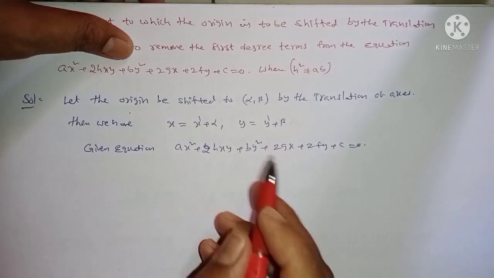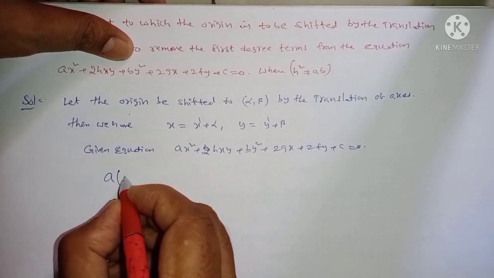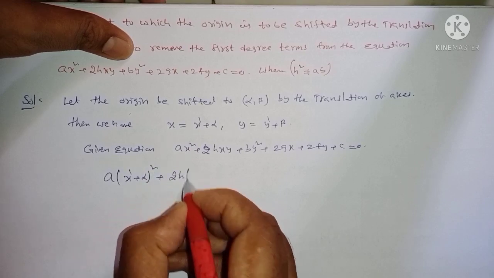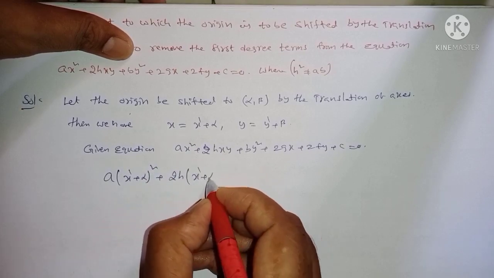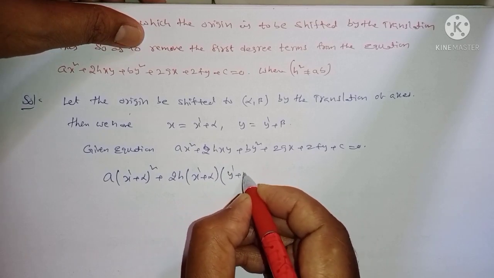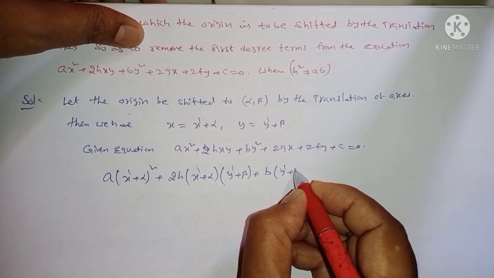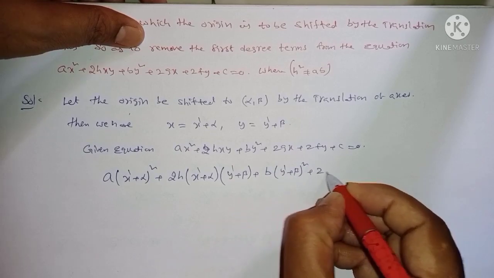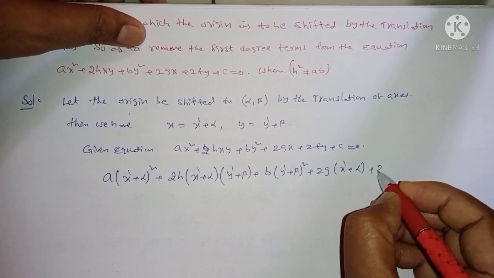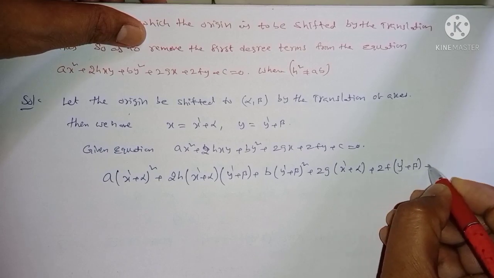Therefore a of x, which is x dash plus alpha whole square, plus 2h times x dash plus alpha into y dash plus beta, plus b of y dash plus beta whole square, plus 2g of x dash plus alpha, plus 2f of y dash plus beta, plus c is equal to 0.